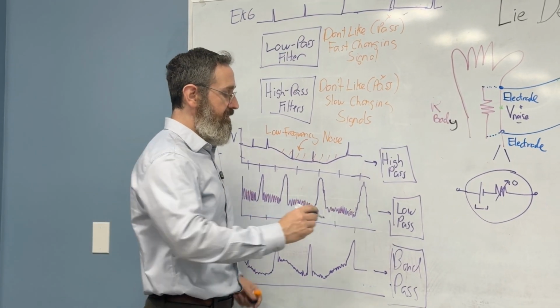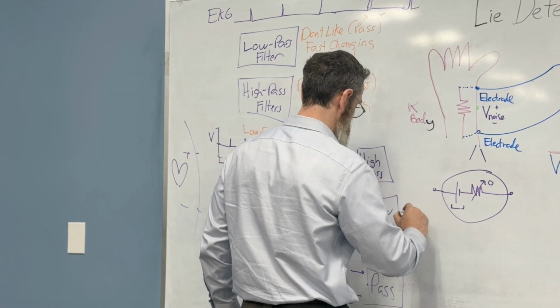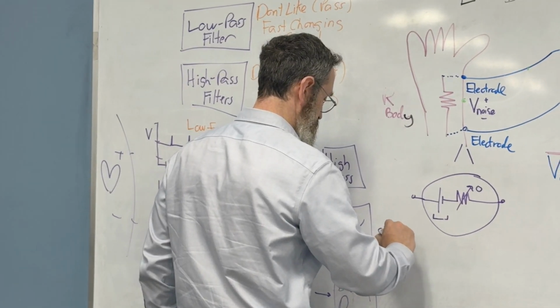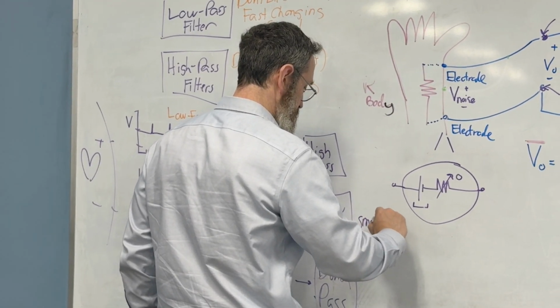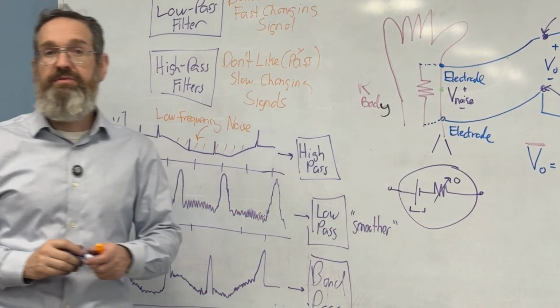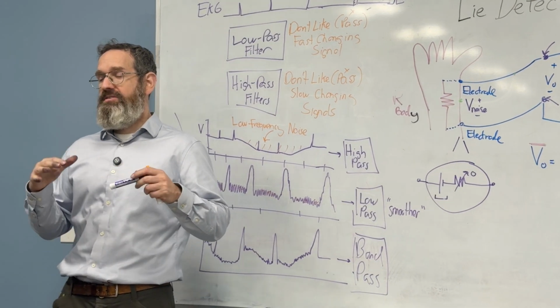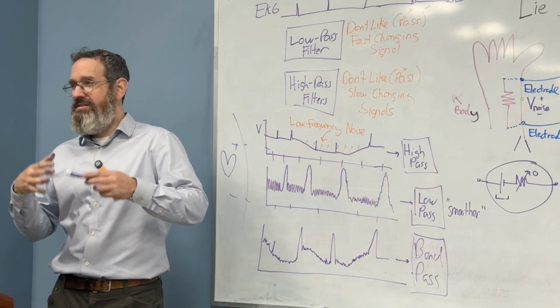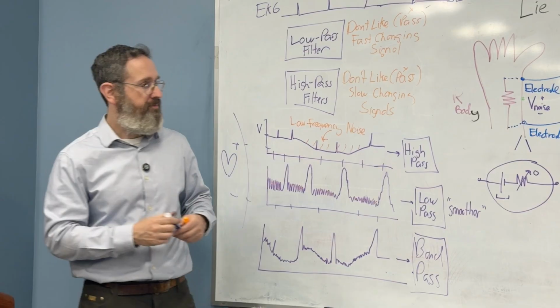Another way to think of a low pass, I don't know what the right word for this is, it's a smoother. You can think of a low pass filter intuitively as a smoother because it doesn't let the fast changes through.